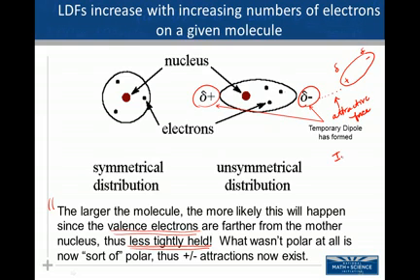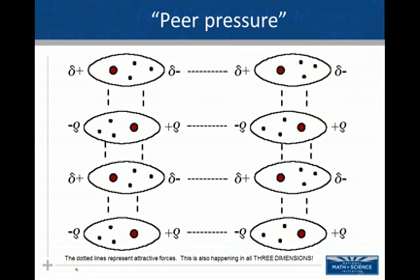An intermolecular attractive force, an IMF. So the dotted lines are representing these attractive forces. It's also happening in three dimensions, meaning it's happening above the computer screen and it's happening behind, if you've got your computer upright, this computer screen. Mine's laying in my lap because I use a tablet.